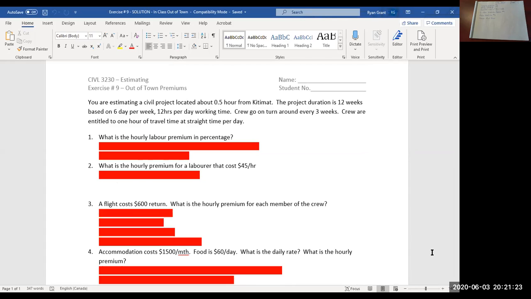The crew will turn around every three weeks, meaning every 3 weeks you will fly them home to visit their family. The crew is entitled to 1 hour of travel time at straight time each day. So question 1, what's the hourly labor premium in percentage?